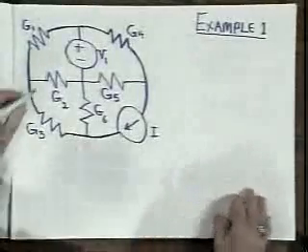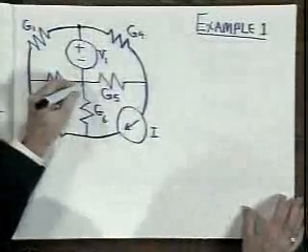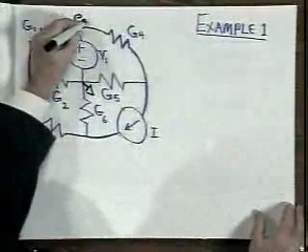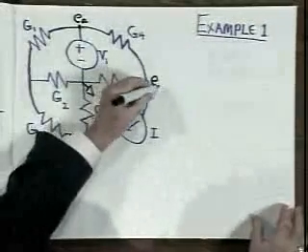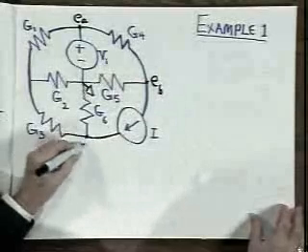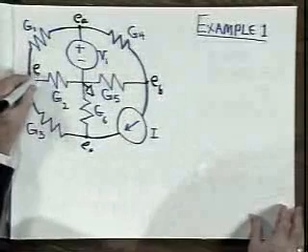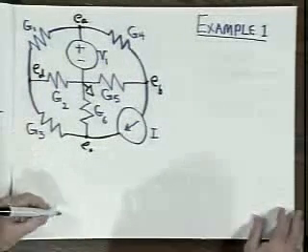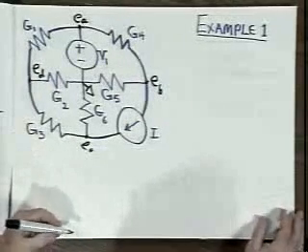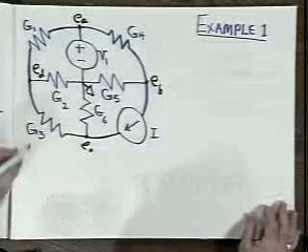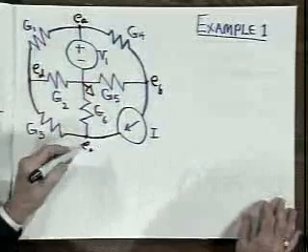I got to redefine the voltages in the node. This is the reference node. This is the voltage E sub A with respect to the reference node. This is E sub B. This is E sub C. And this is E sub D. Now what I'm going to do is write Kirchhoff's current law statements at these lettered nodes.